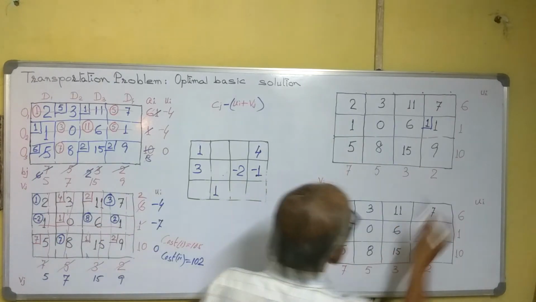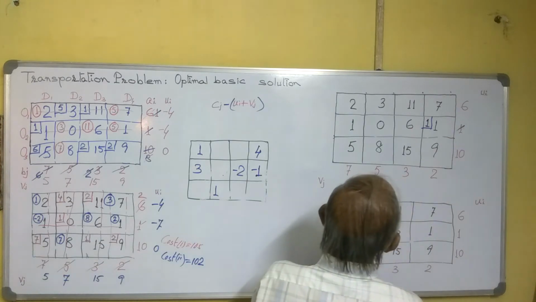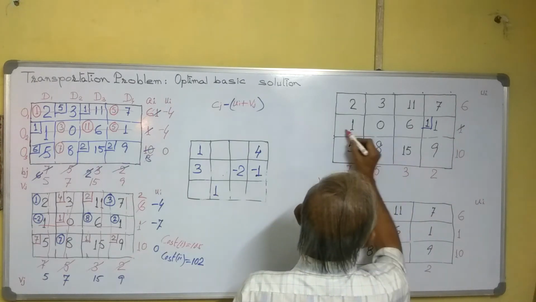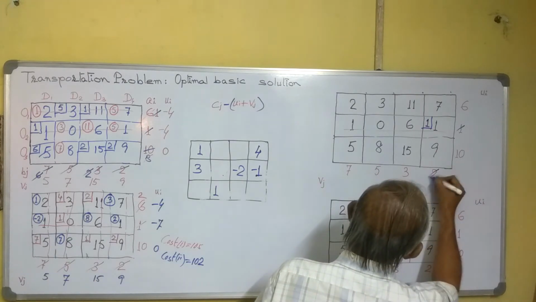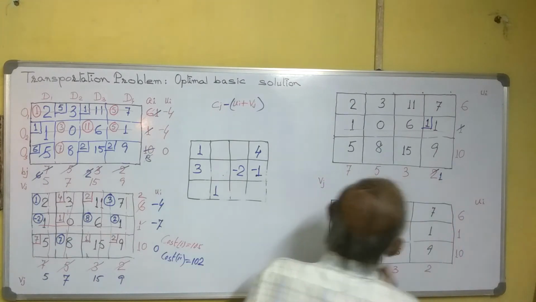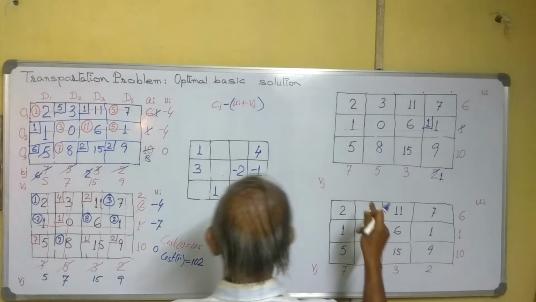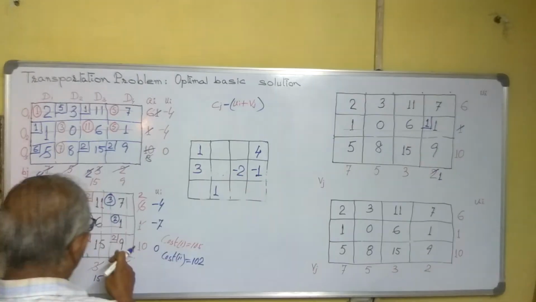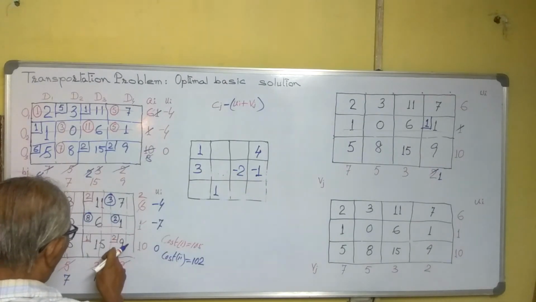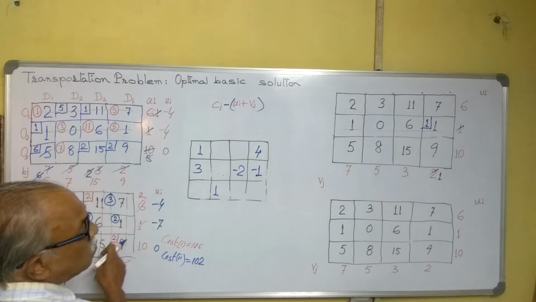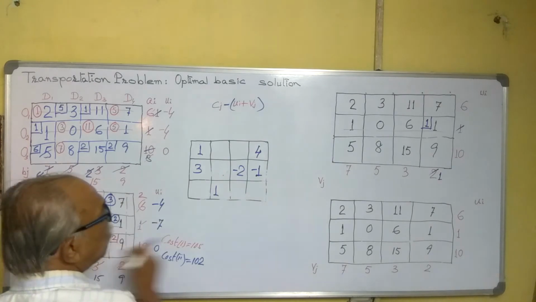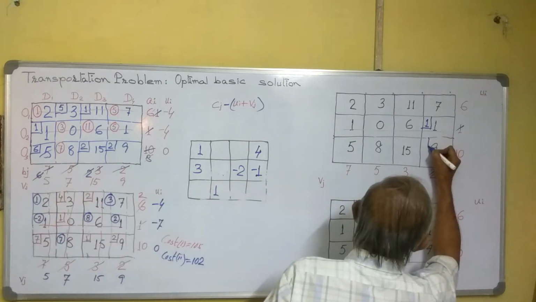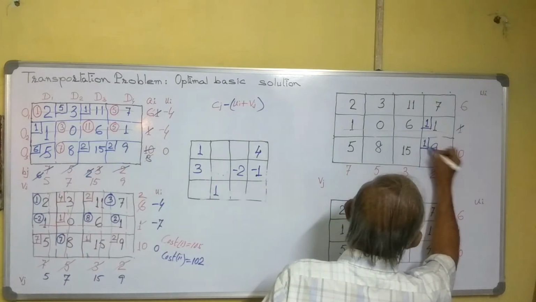Now this row, this 1 is finished, and this row is also finished, and here 2 becomes 1. Here 2 was allotted, but 1 is left. So instead of 2, we will make it 1. We will allot 1 here.